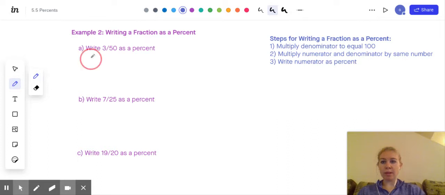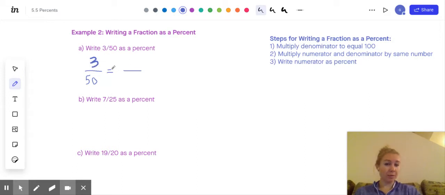First, I'm going to rewrite 3/50ths. So what step 1 means is we need to find an equivalent fraction, which means the fractions are equal, but there's bigger or smaller numbers.